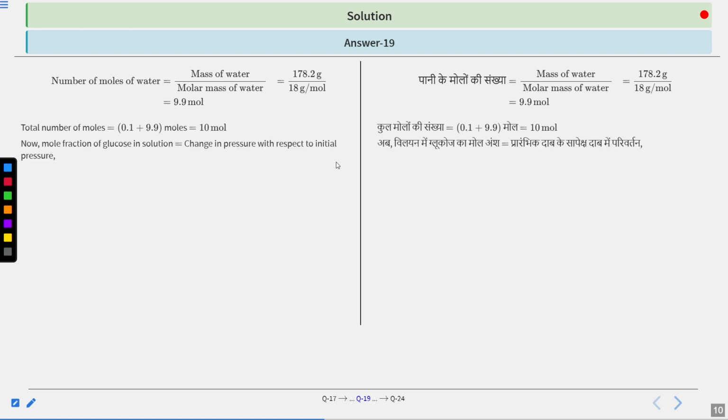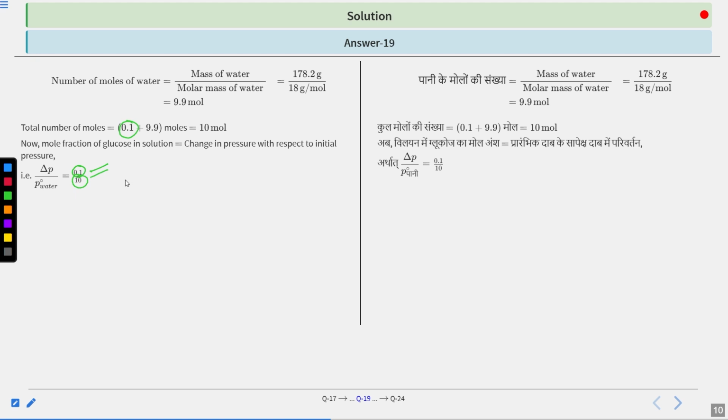The mole fraction of glucose in solution is equal to the change in pressure with respect to the initial pressure. So we can write that the relative lowering of vapor pressure, delta P by P naught of water, is equal to 0.1 by 10, where 0.1 is the number of moles of glucose and 10 is the total number of moles. By using that we can calculate this one, which is 0.1 by 10.